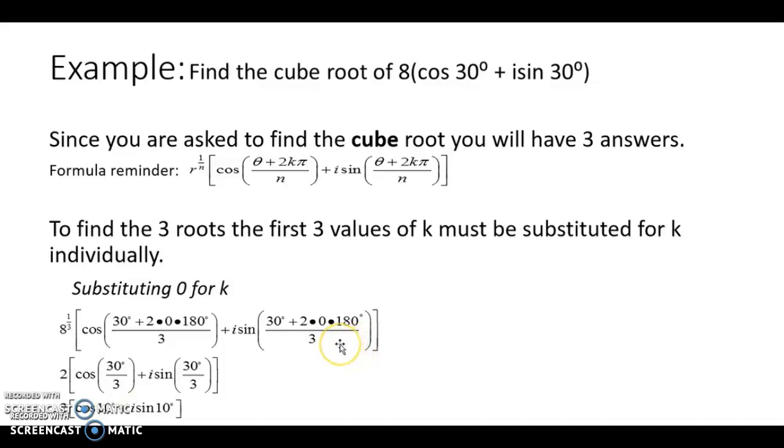Same identical problem in our second parenthesis. It's going to give us the same answer. Bringing down everything else, and we have our first root. This root was achieved by plugging in 0 for k and simplifying.